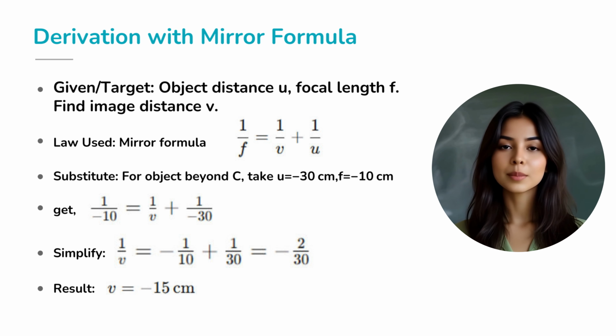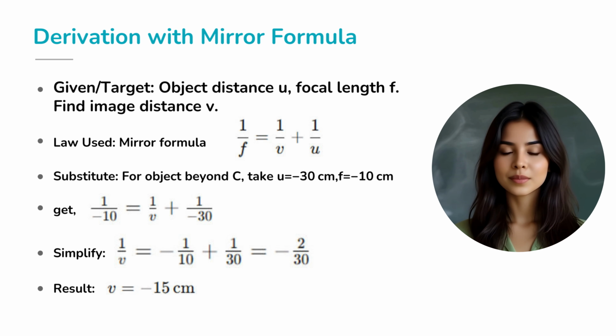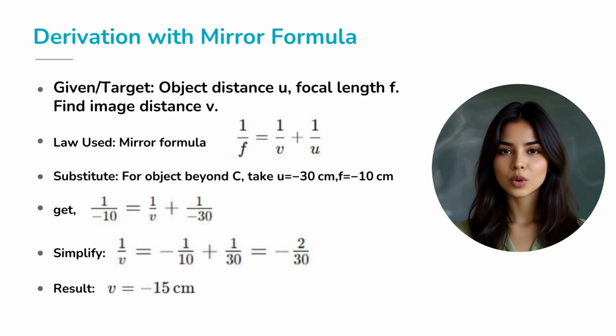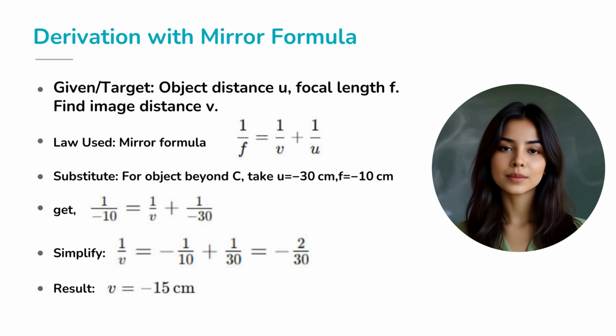That's minus 3 by 30 plus 1 by 30 equals minus 2 by 30. So V equals minus 15 centimeters. That means the image is real, inverted, and lies between C and F, exactly what our ray diagram predicted. Isn't it neat how geometry and algebra shake hands here?